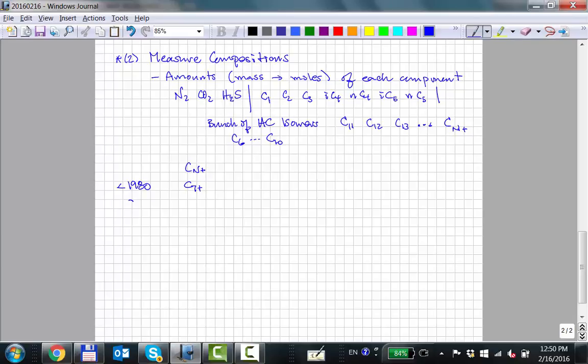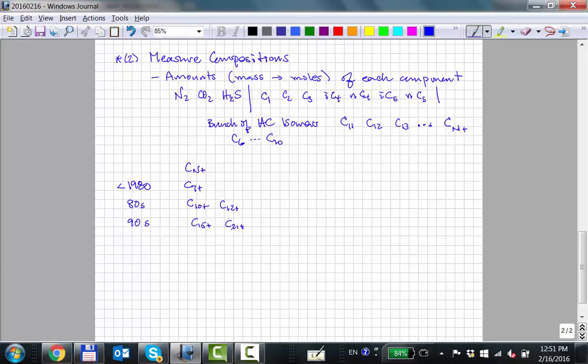Probably in the 80s, we got up to about C10 plus, maybe C12 plus. In the 90s, probably C15 plus, and maybe even in the late 90s C21 plus.